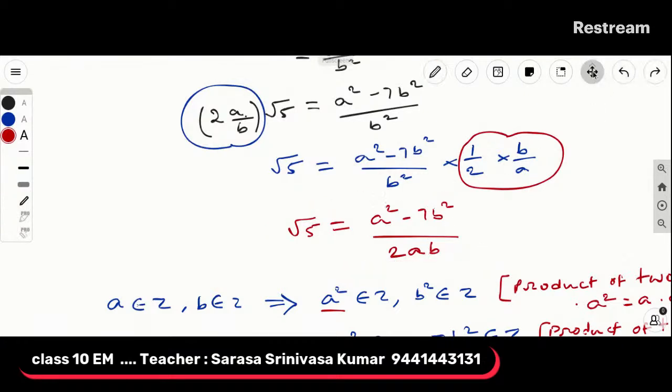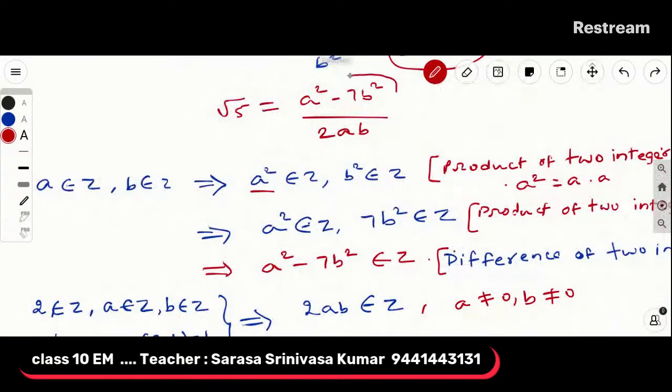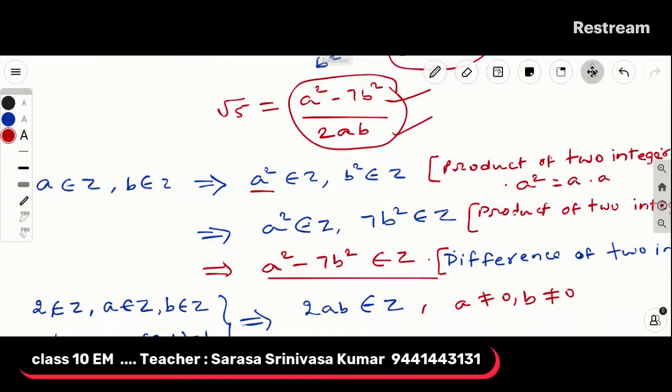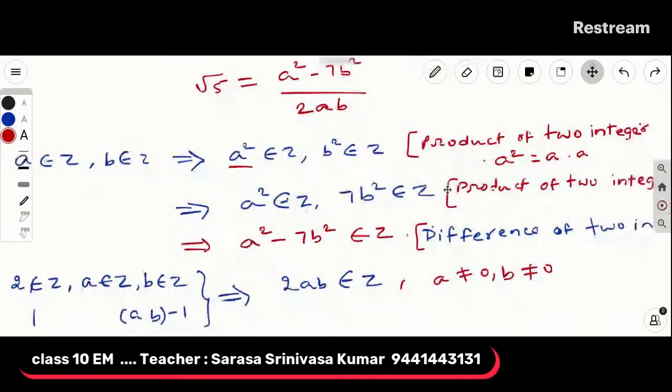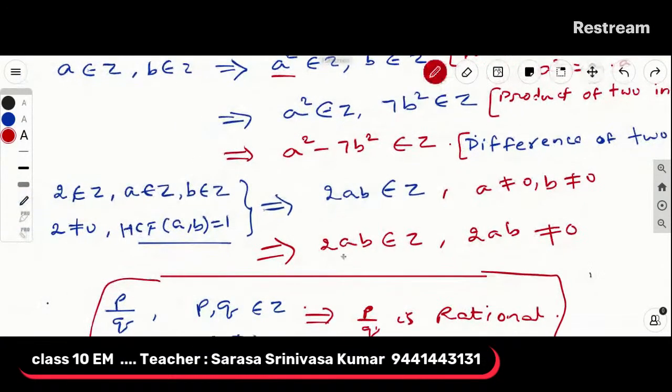This is how we got it. Now, we consider the right hand side terms, that is the numerator and denominator. These are proved to be integers. We have proved that a square minus 7b square is an integer, and after that we prove that 2ab is an integer, that is the denominator is an integer, and the denominator is not equal to 0.